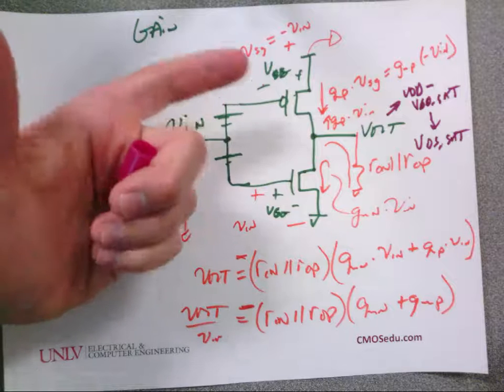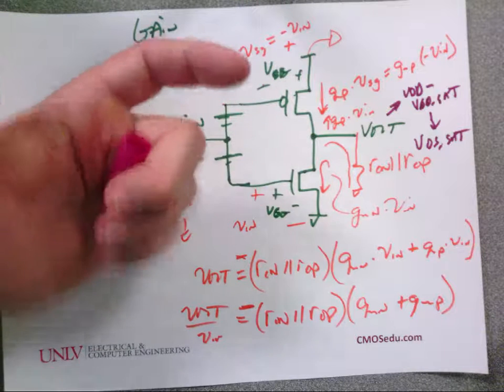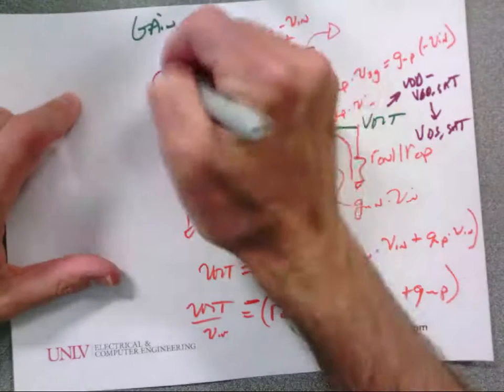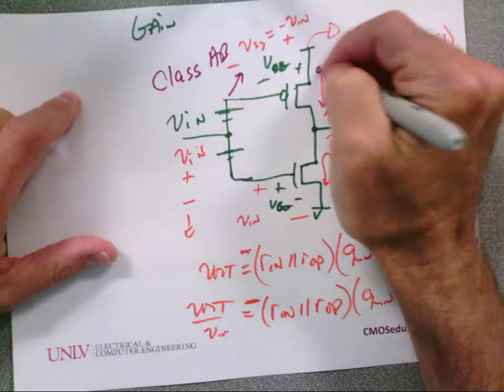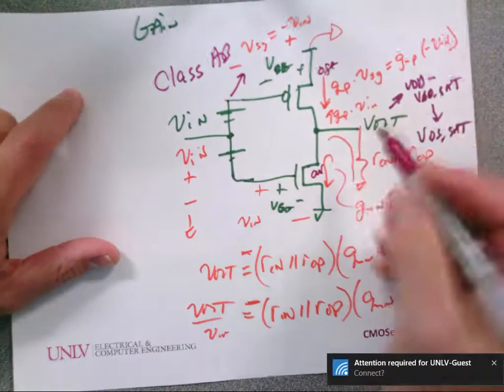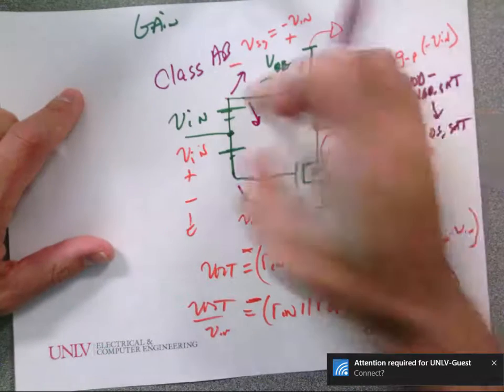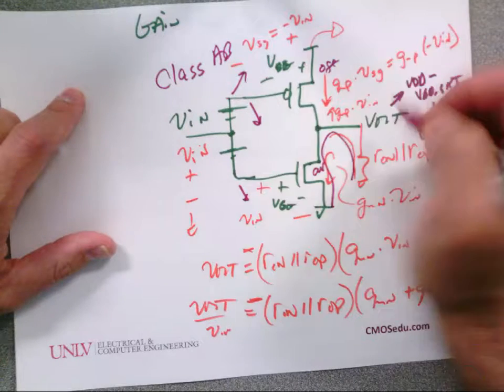If I have 100 millivolts like you may design for in your projects, you can get to 4.9 volts down to 100 millivolts, really wide swing. Also, it's class AB. So what that means is if this goes up, this shuts off, this turns on, and all the current can be discharged this way. And if this goes down, now keep in mind they're going together, this guy turns off and this one turns on, and you get good pull up.